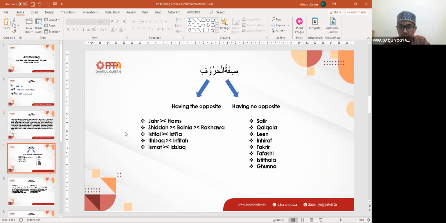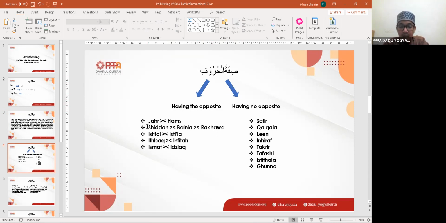So let's move on. Sifatul huruf is basically divided into two. The sifatul huruf, or the Arabic letters trait, which has the opposite, and the other one is the sifatul huruf, or the Arabic letters trait, which has no opposite.